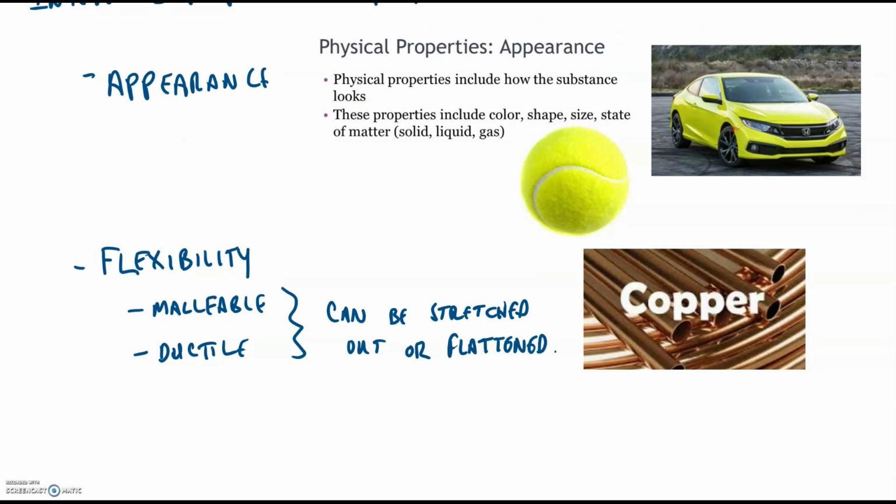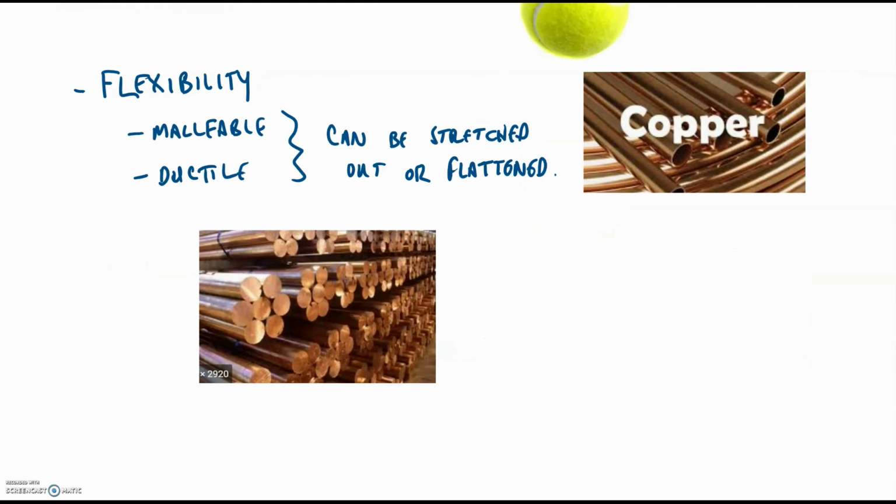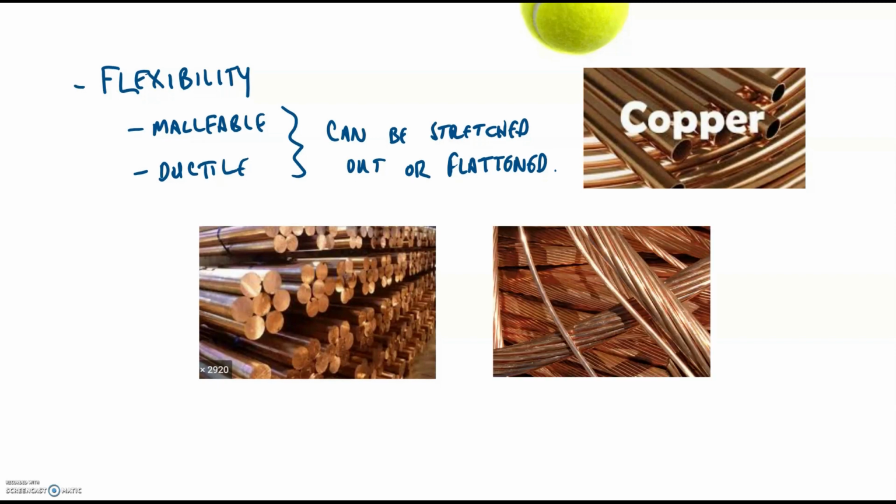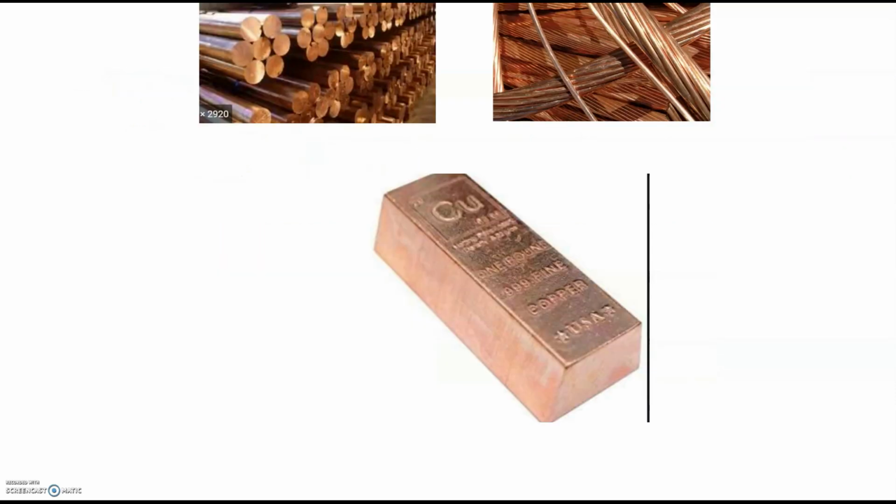We'll get into what metals are soon enough, but you've probably seen copper in all different kinds of shapes and sizes. It can be solid and heavy, like solid copper rods, or we can stretch it out into thin wires like this, or even leave it in a big solid chunk called an ingot that looks like this.